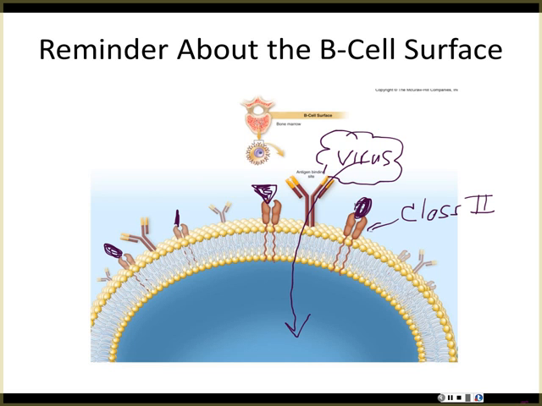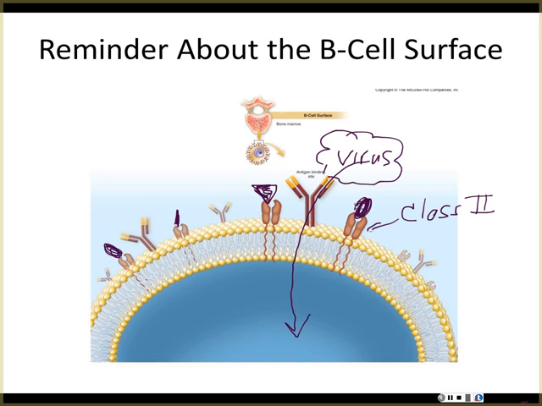There's a really important reason for that, because what kind of cells did we say are looking for antigen pieces inside class 2? A type of T cell. The helper T cells. The helper T cells are the ones that are looking for little foreign antigen pieces being displayed inside class 2.